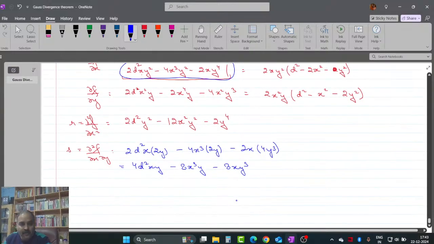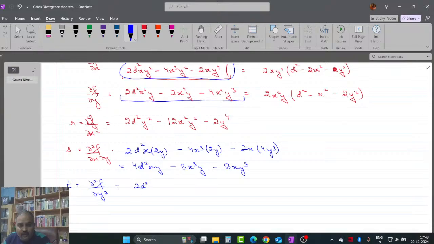Now coming to the term t, that will be ∂²f/∂y². So derive this part with respect to y. So 2d square x square y will be 1, minus 2x raised to power 4 derivative of y will be 1, minus 4 times 3 is 12 x square y square.